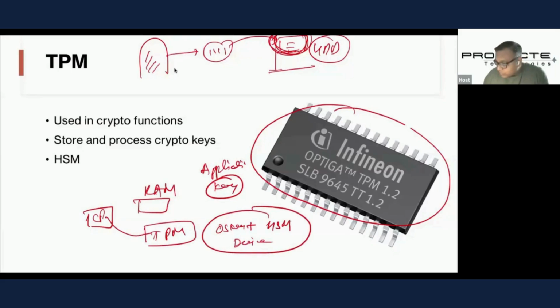The HSM module stores the keys. Whether you are browsing a website, that private key is stored inside this HSM module. Am I clear? Any doubts? Together, the operating system and the HSM form the trusted computing base or the trusted platform module. So you have to understand this concept.